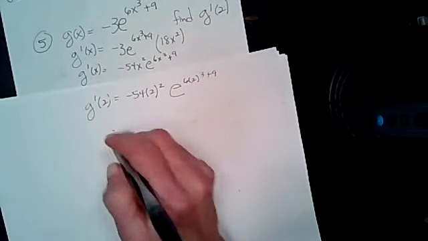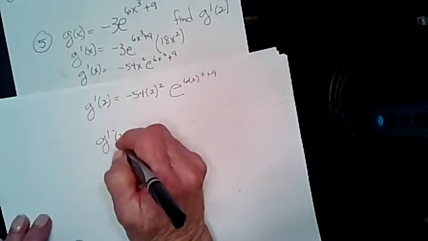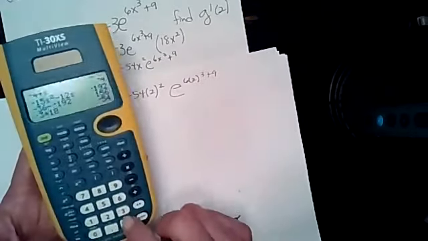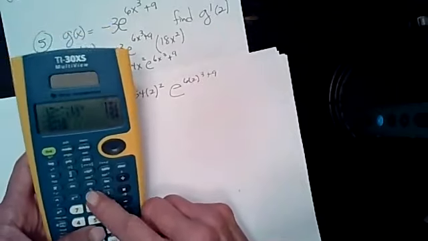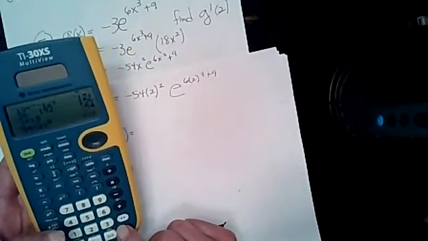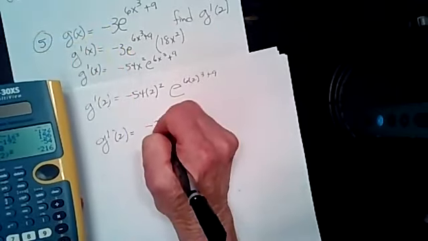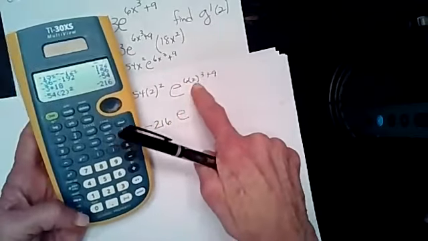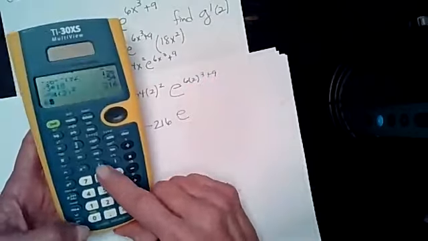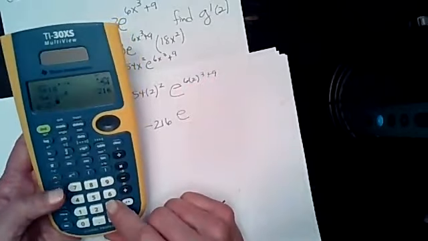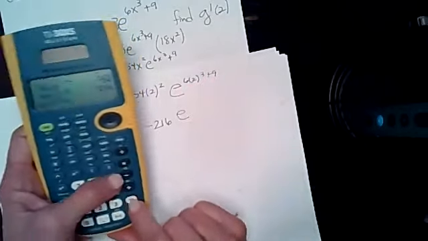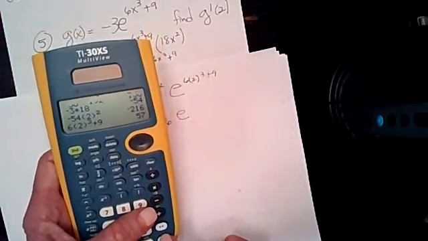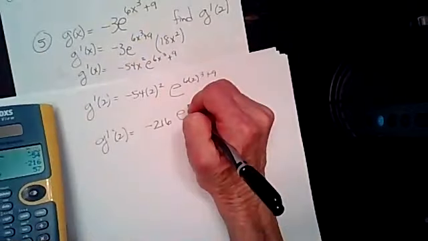So my outside number is negative 54 times 2 squared, which is negative 216, e to the 6 times 2 cubed plus 9. So 57.